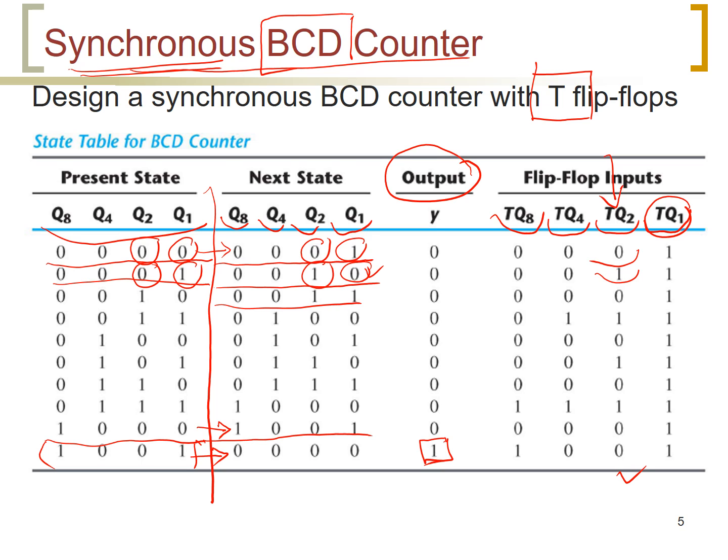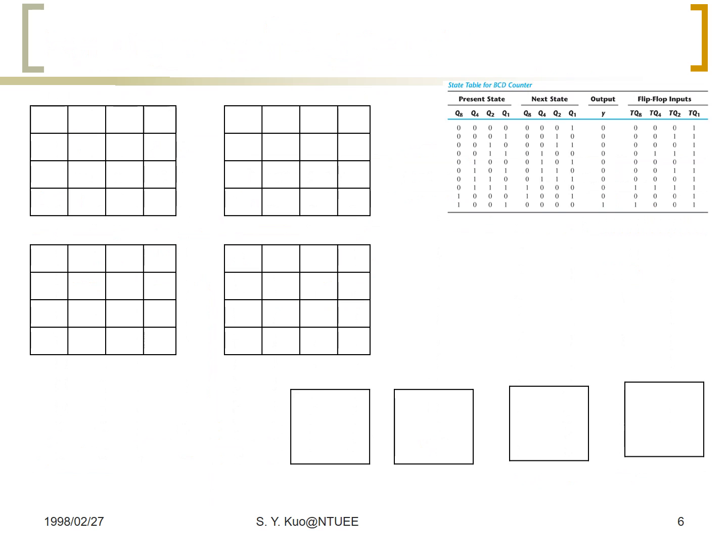And we derive also TQ4 and TQ8 exactly in the same way, which is looking at the present state here and the next state here. And if the present state remains same as next state, T is 0. And if it is changed, T is equal to 1. So from this, actually, we can easily now continue the design of this counter.